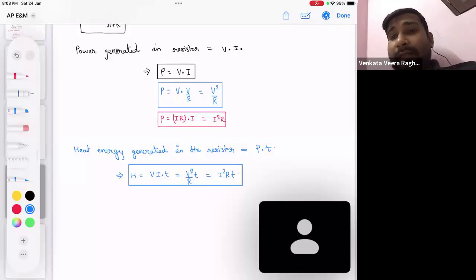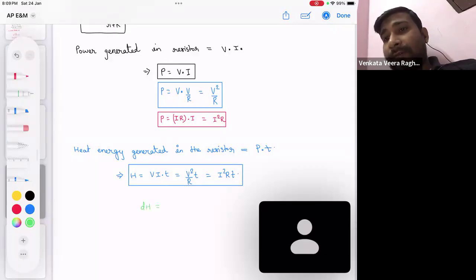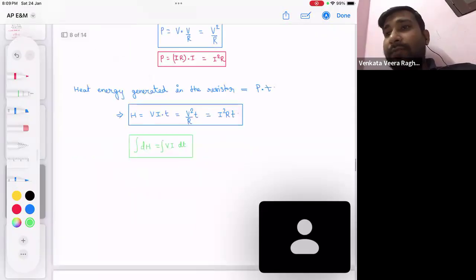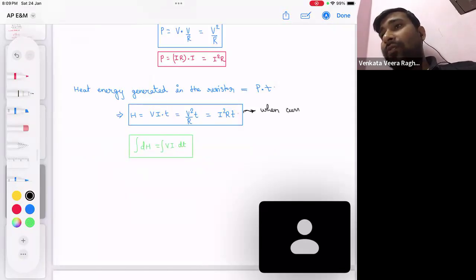If that is the case, I should first calculate dH equal to VI into dt, and then integrate it to get the total heat developed. So the first one we have written for heat applies when current and voltage are constant.